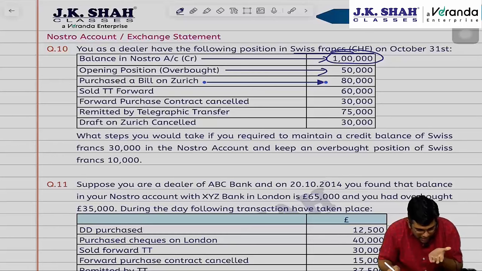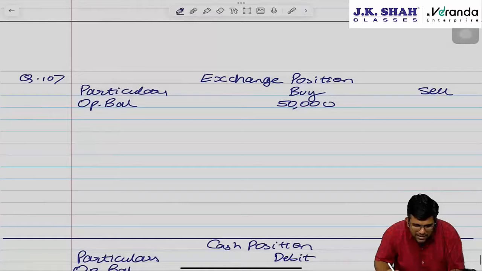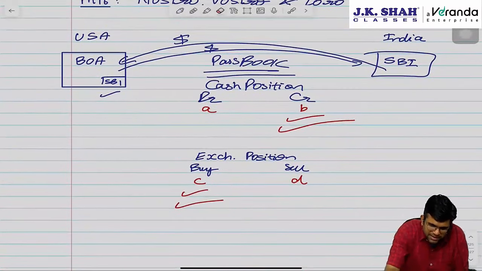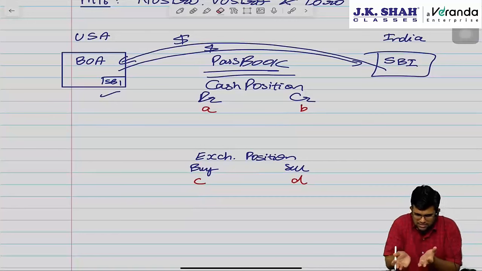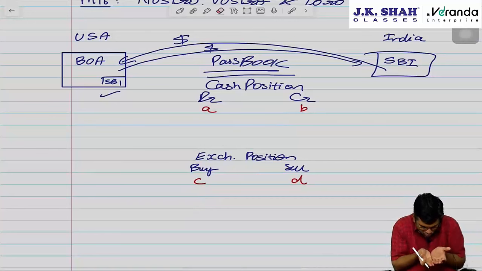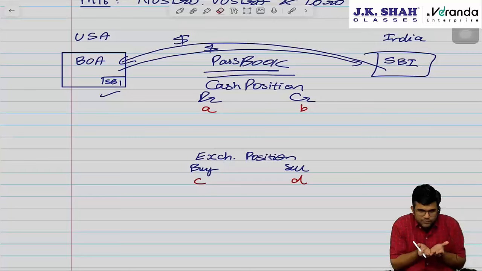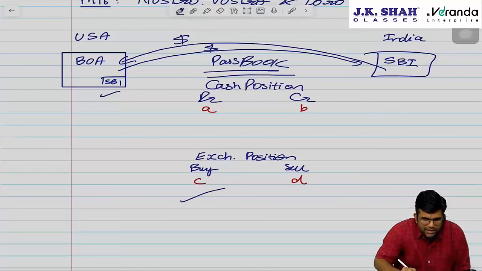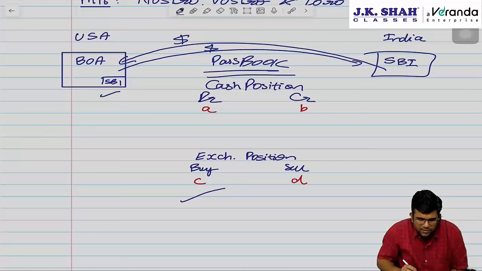You have got a check of 80,000 Swiss francs. Take your time and first tell me in ABCD language. You have just received a check of Swiss francs. Tell me where will you show it? A, B, C or D? Very good. Do you realize you will show it in C? Everyone clear? You will show it in C because you bought it.